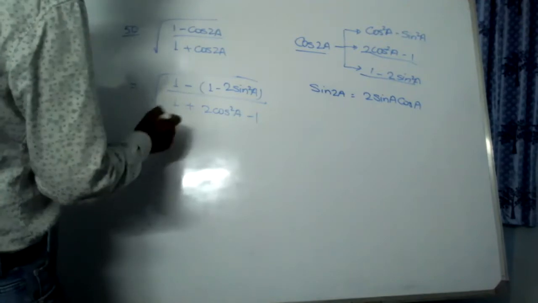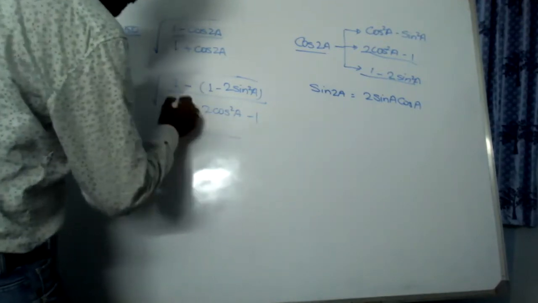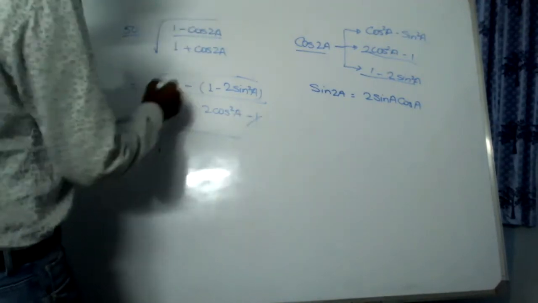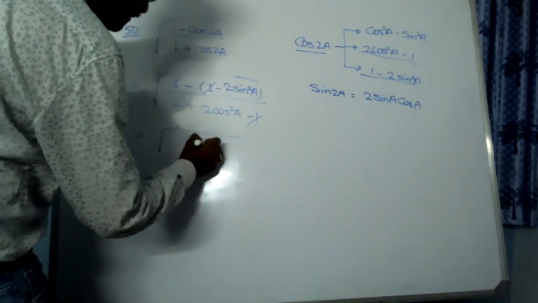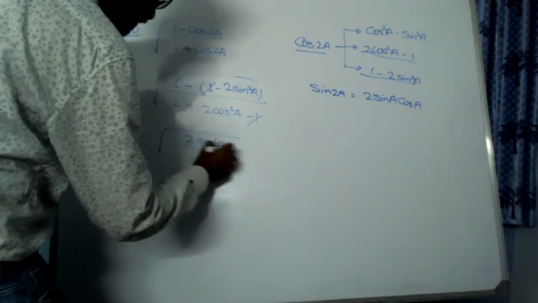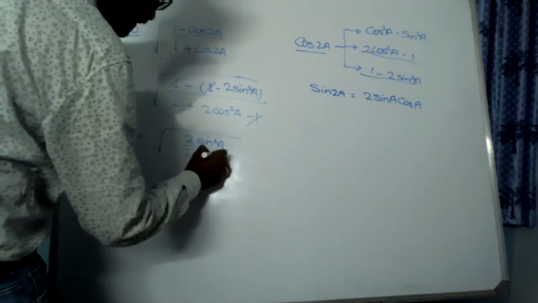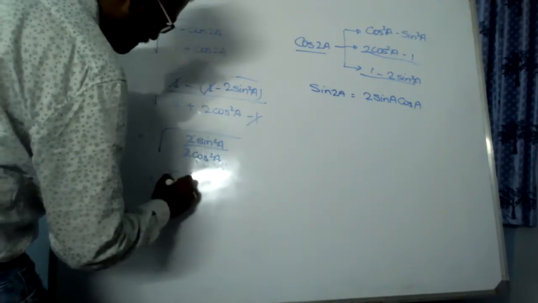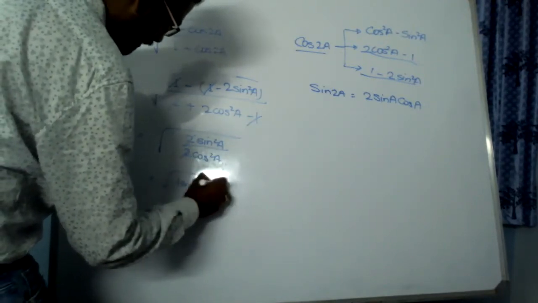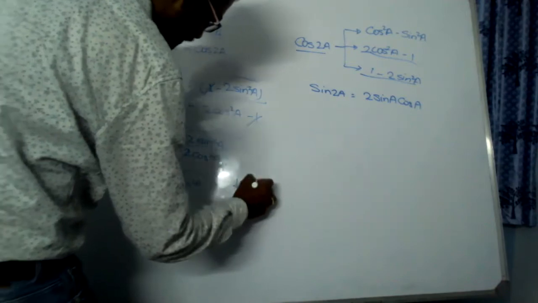Now, if I open that, okay, here 1 and 1 I can cancel. Here this 1 and 1 will get cancelled. Minus minus will give me plus. So it will give me 2 sine square a divided by 2 cos square a, right? So 2 and 2 I can cancel. That is nothing but tan square a, and root of tan square a is nothing but tan a.